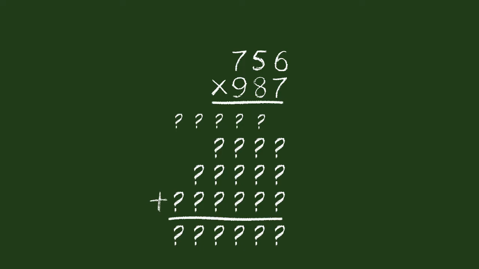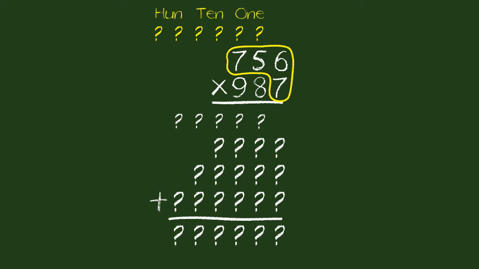We have 3 sets of multiplication carry locations, one for the ones multiplication, one for the tens multiplication, and one for the hundreds multiplication. Let's start with multiplying 756 times 7.